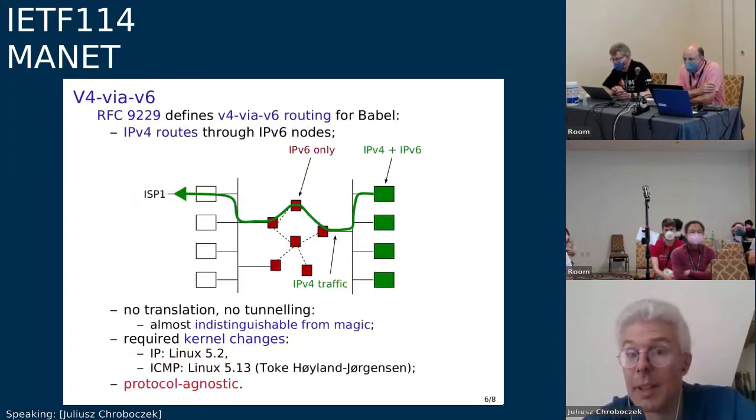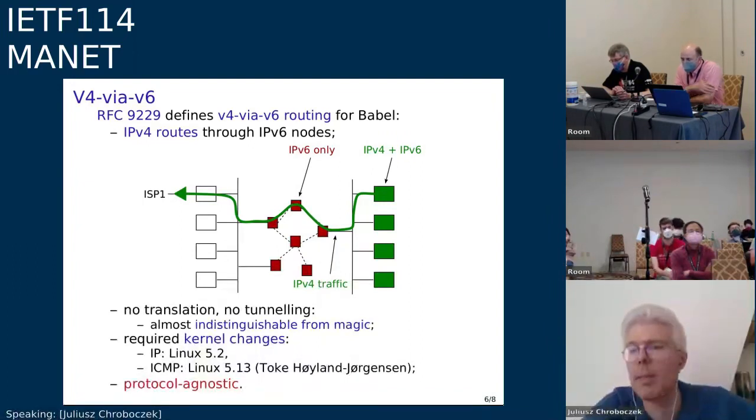Okay, that's the latest one, the one I'm currently excited about. It's v4 via v6 routing. The goal of that is to allow routing IPv4 through IPv6-only nodes. So here on the right, you have a bunch of dual-stack nodes, and some of those nodes need to be sending IPv4 traffic.